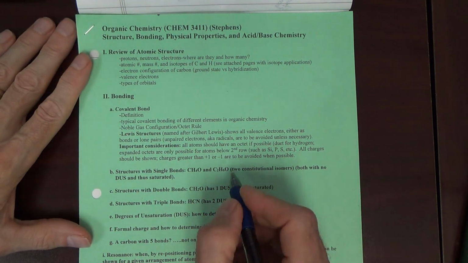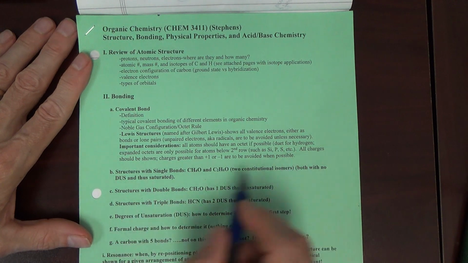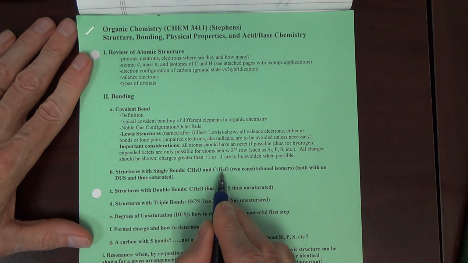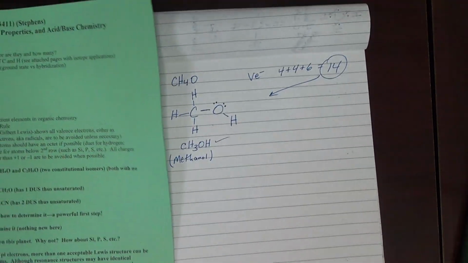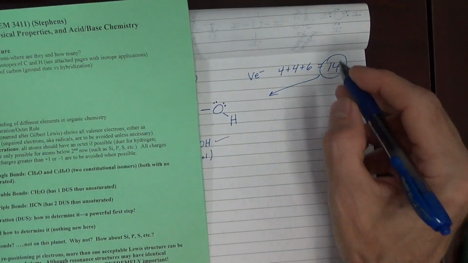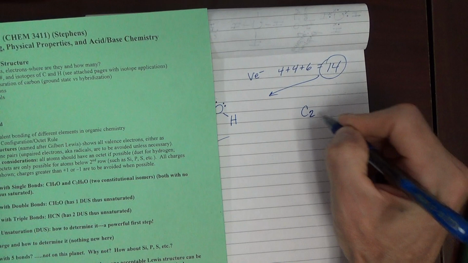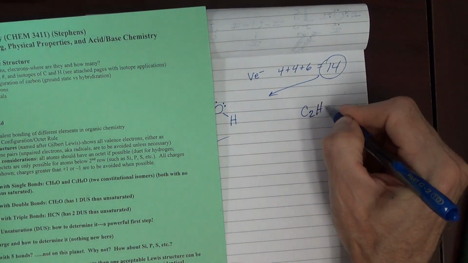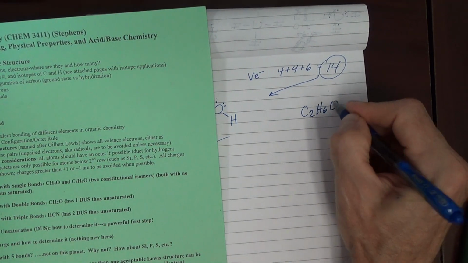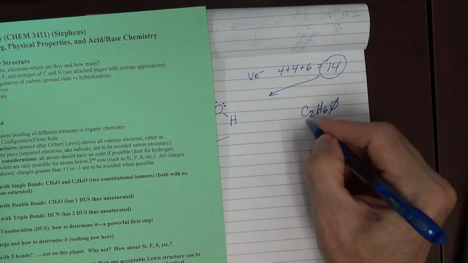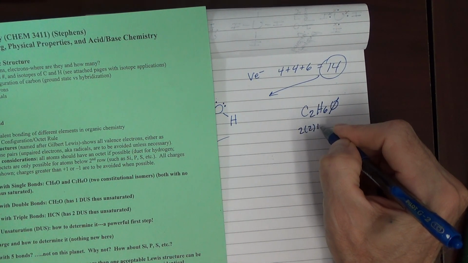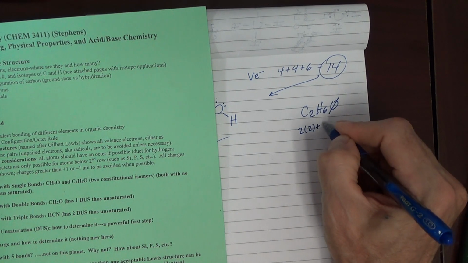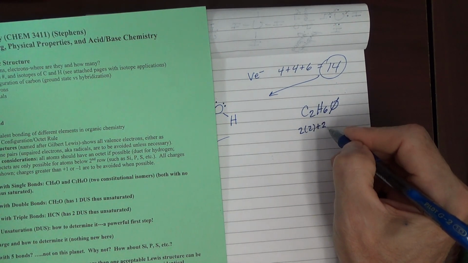Now, if you've already watched the video on DOS, you can determine that this formula has 0 DOS because it's C2H6O. We can just ignore the O. 2 carbons, 2 times 2, 2n plus 2. There's lots of 2's there.